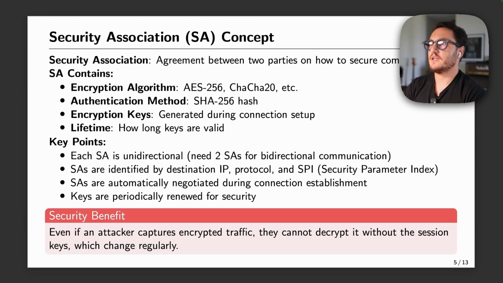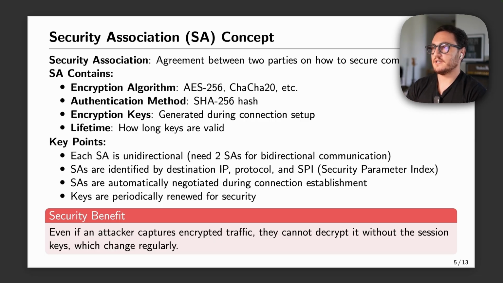IPsec introduces a security association concept, which is an agreement between two parties on how to secure the communication. And this is typically done at the beginning. An SA packet contains the encryption algorithm, the authentication method, encryption keys, and lifetime. So this is basically the same thing that we saw in SSH, where client and server are trying to negotiate what language they're going to talk in terms of encryption, authentication, HMACs, and whatnot.